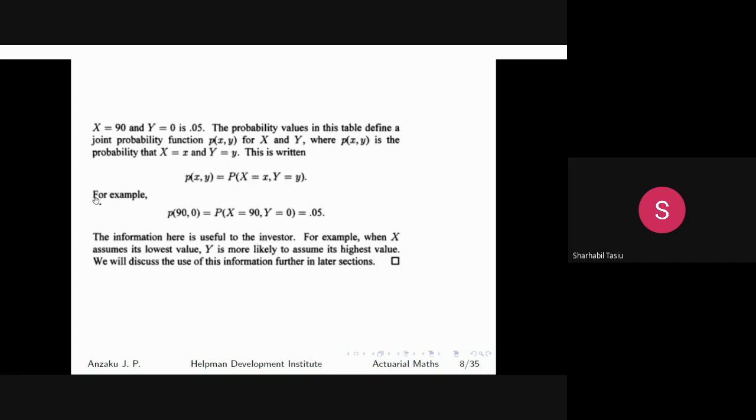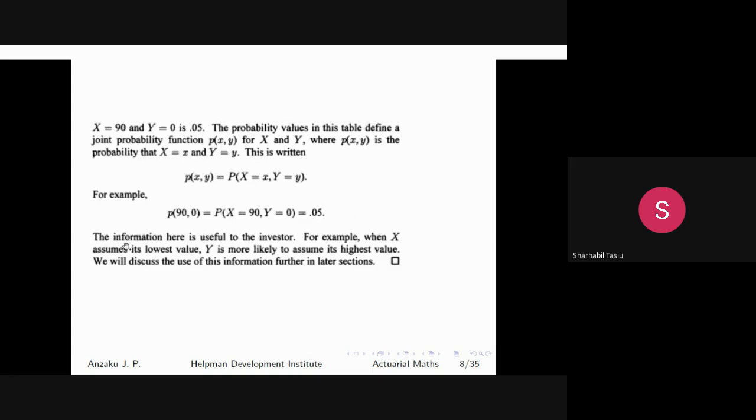For example, with x equals 90 and y equals 0, we have p(90, 0) equal to the probability that the random variable X is equal to 90 and the random variable Y equals 0, which gives us 0.05 from the table.